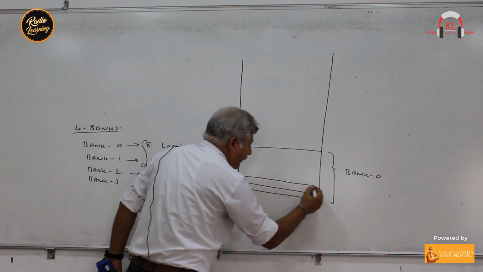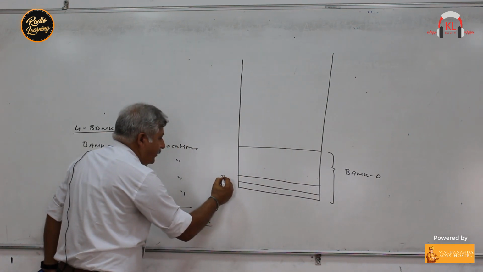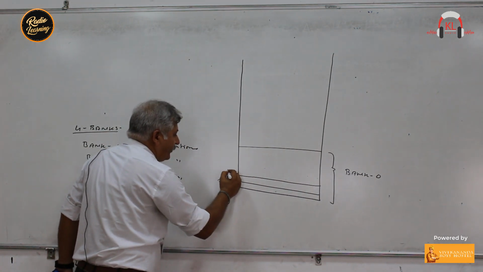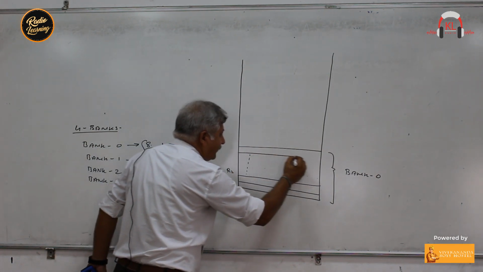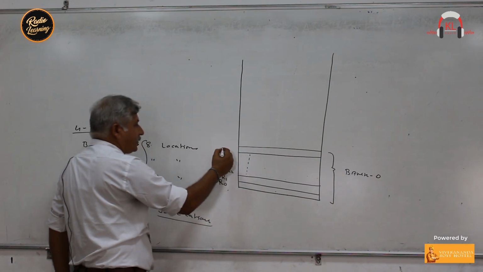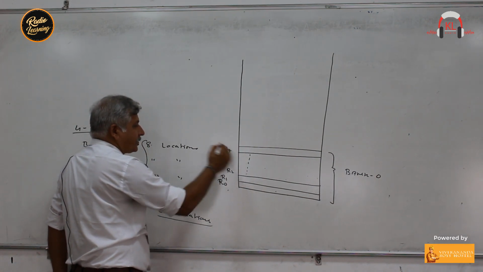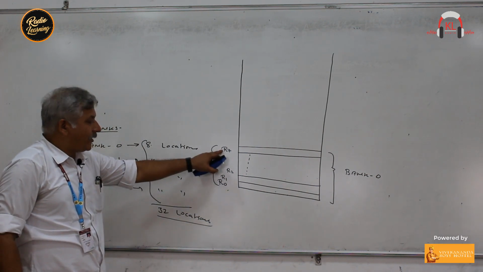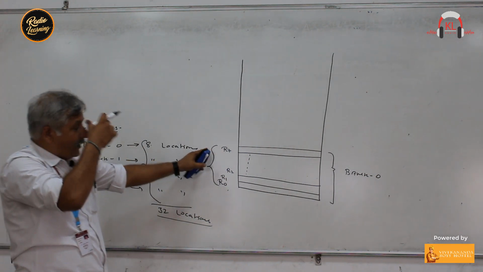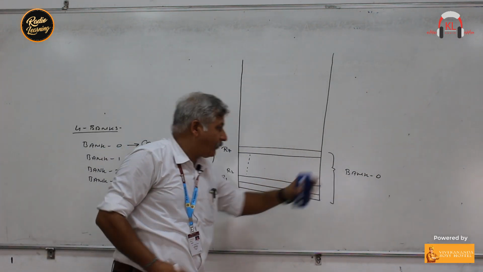Then the next storing area we name register 1, then register 2. Like this, a total of 8 registers are there in bank 0. The 8th register will be R7. So R0 to R7, these 8 registers are part of bank 0.